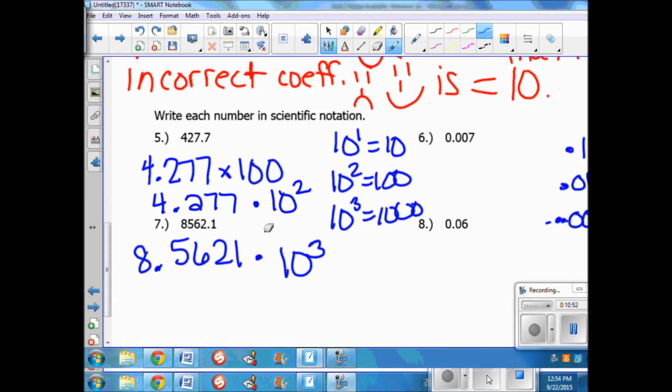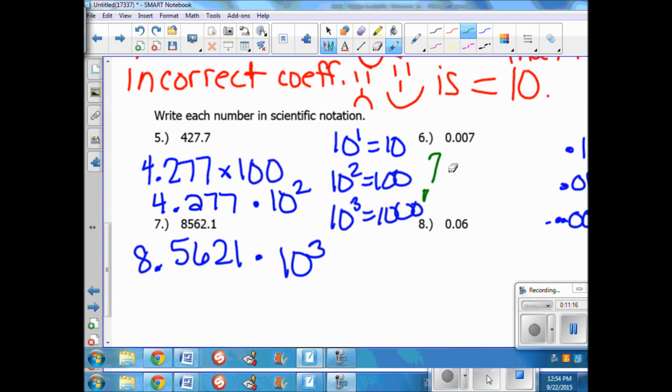Okay? So what about over here to the side, number 6? I'm going to see if I can get my stylus to move. Doesn't want to move. There we go. Let me change color. So how would I read that? So I've got my tenths, my hundredths, my thousandths spot. Okay? So I've got to make my coefficient somewhere between 1 and all the way up to, but not including 10, not equaling 10.